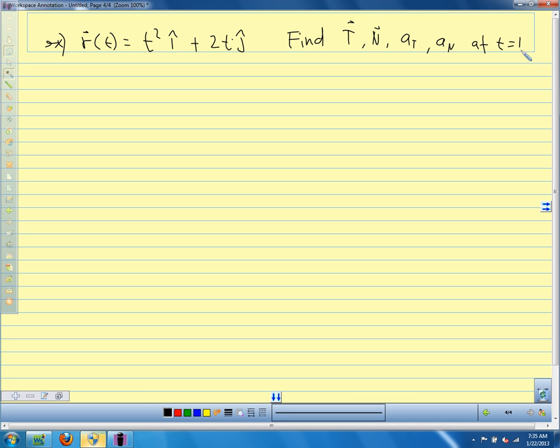So we have to find some derivatives here. So r prime, or v. What's our velocity vector here? 2t i plus 2j. And the magnitude of the velocity, the speed, is going to be what?